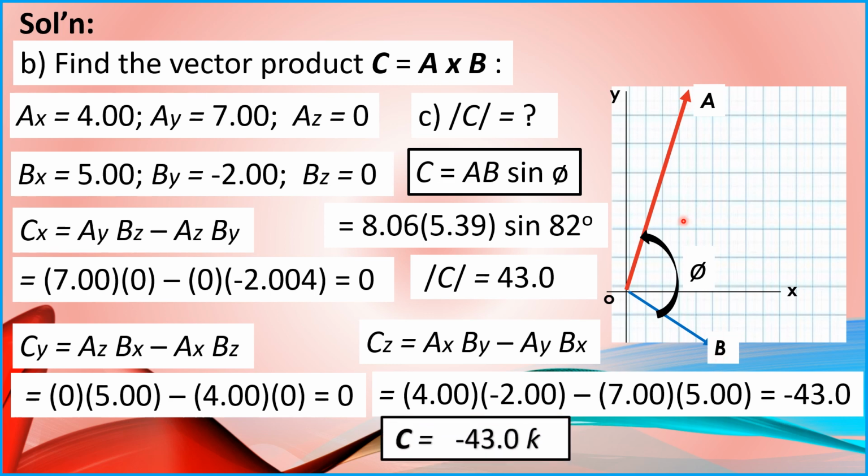So, if you curl the four fingers towards your palm, observe where the thumb of your right hand is pointing, because that thumb is pointing towards the cross product of vectors A and B. You should find that the direction of your right hand thumb is perpendicular to the screen or to the page.